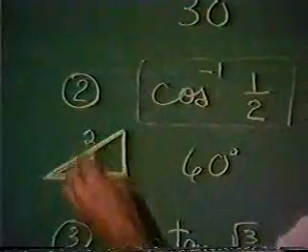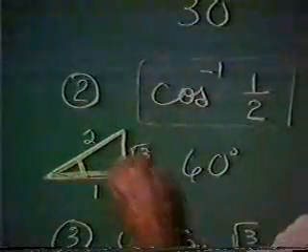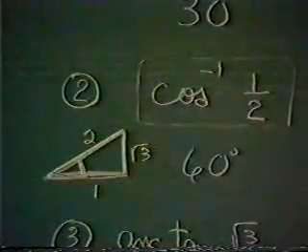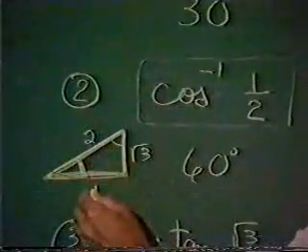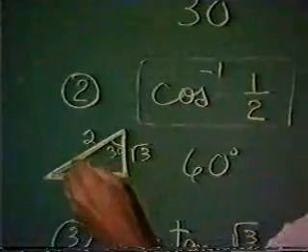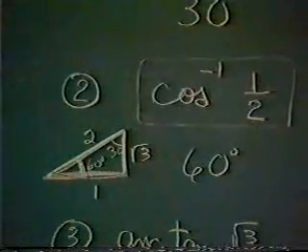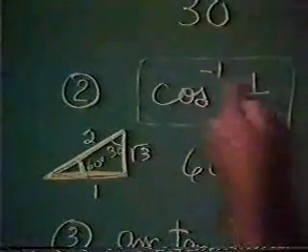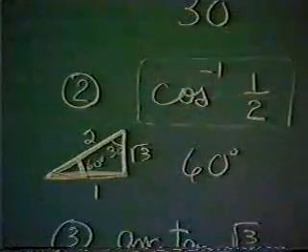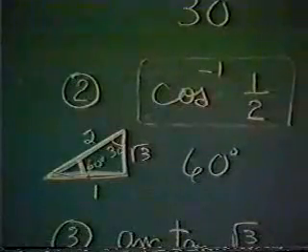There's my angle drawn. Now, what angle is that? This would be the square root of 3. Well, the side opposite the 1 is 30 degrees, so that makes this 60 degrees. What angle is the cosine 1/2? 60 degrees. All right?